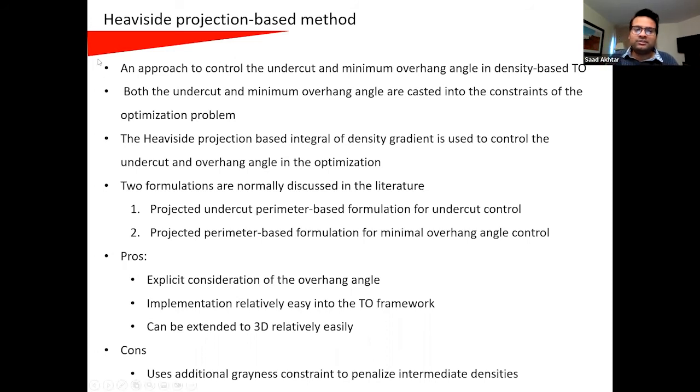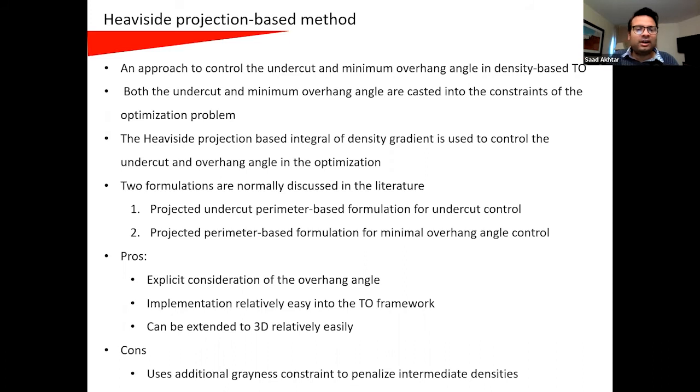So that was the reason for us exploring a Heaviside projection based method, which is a much more detailed, much more robust method of incorporating the minimum overhang angle within density based topology optimization. The good thing was that it's very natural to implement this within density based topology optimization frameworks. So that was a big motivation for us.